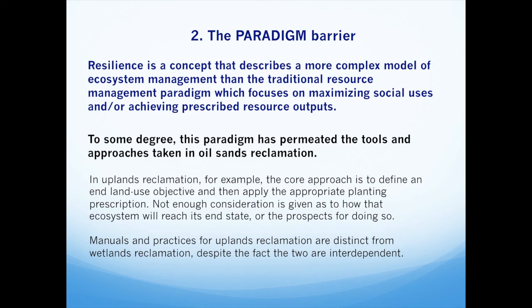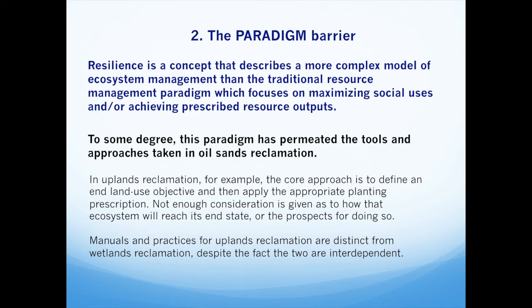We have a series of manuals that we follow where essentially we have a definition of where we want to go. We decide early on what we think we want to do to get there, but that's about all we give in terms of consideration. In a resilience approach, you have to focus much more on the processes that drive ecosystems forward, that underlie self-organization.